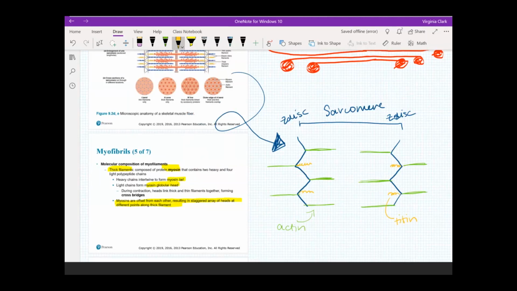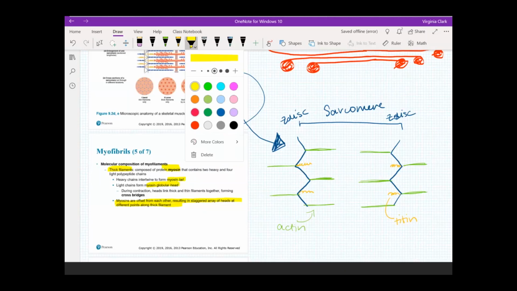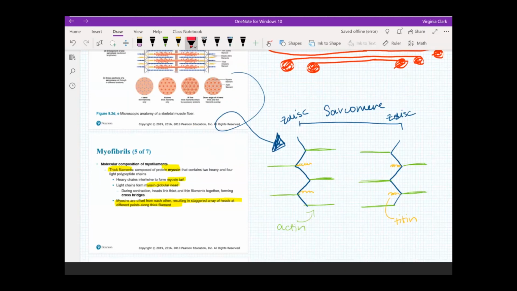I always want to call it Tintin. Our titin protein. And we said our titin protein was involved with holding our thick filament in place. So stretching from one side to the other of my titin protein will be my thick filament.